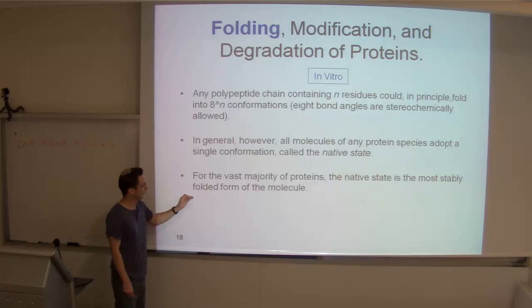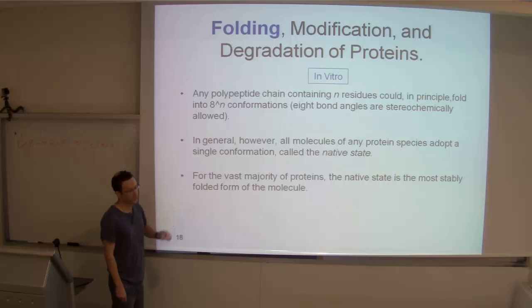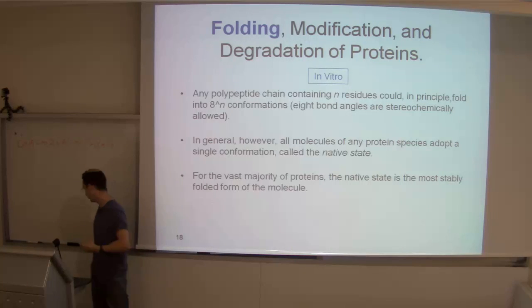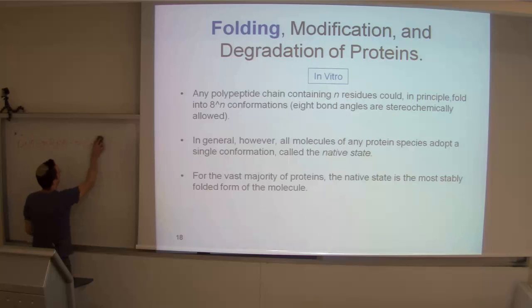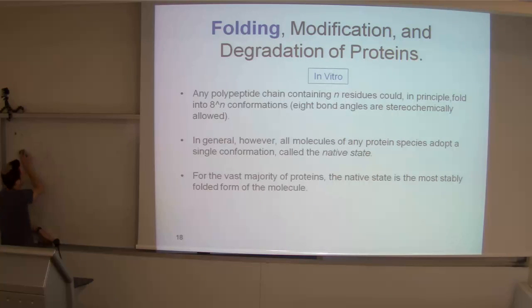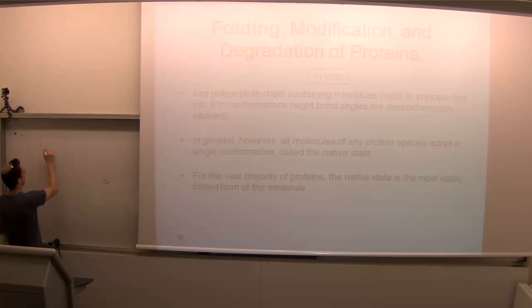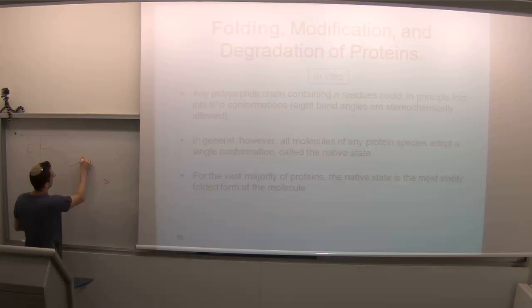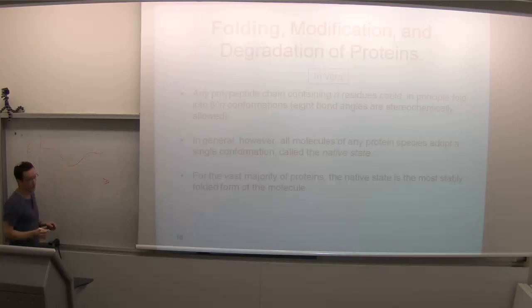For the vast majority of proteins, the native state is the most stable form of the molecule. So if we plot the energy as a function of the conformations that exist for the protein, you would usually find the native state at the global minimum, and sometimes in a local minimum.